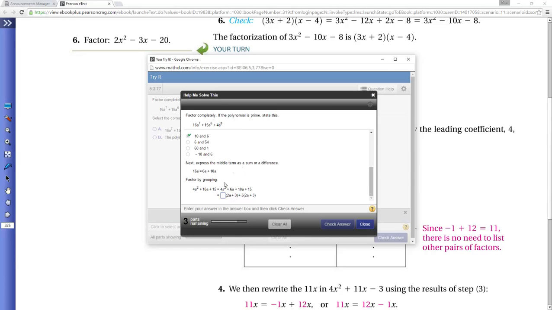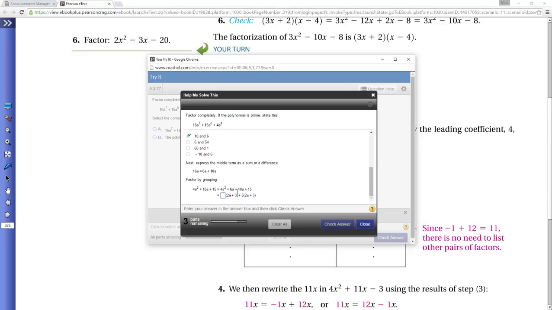And that gives me basically the strategy to group this thing. So I can rewrite this as 4a squared plus 6a plus 10a plus 15. Now, if I group these with the associative property, I get 4a squared plus 6a.